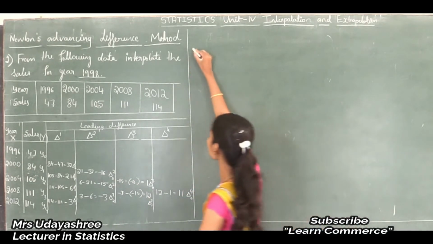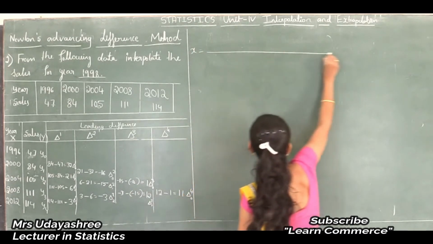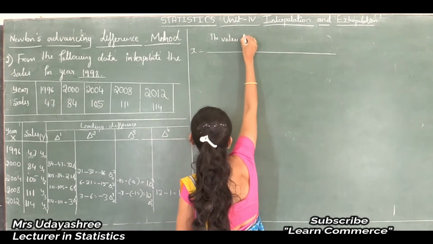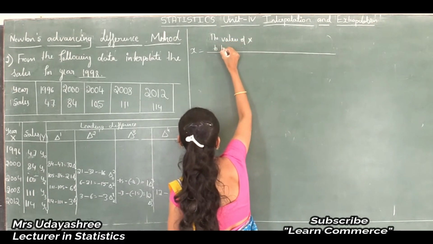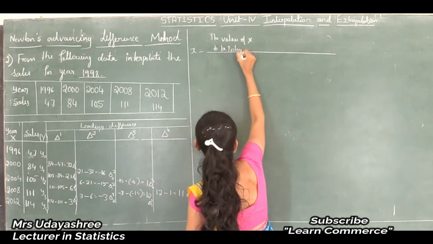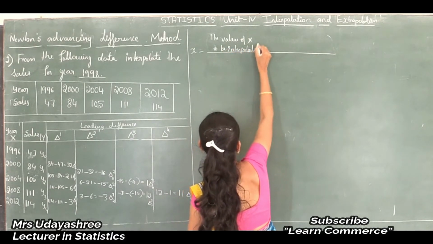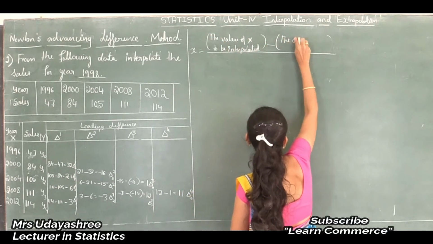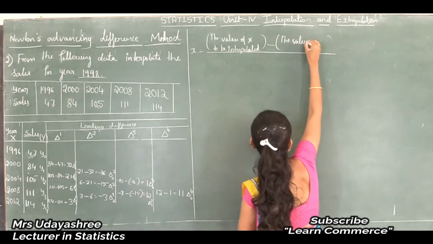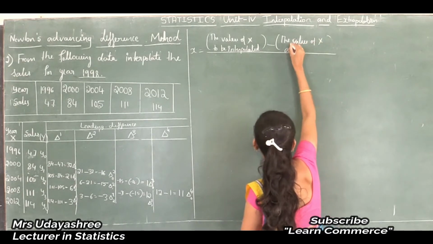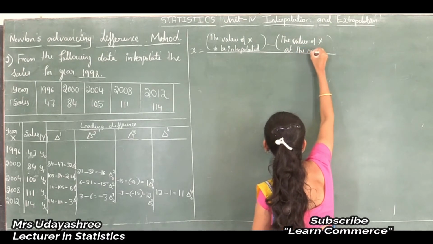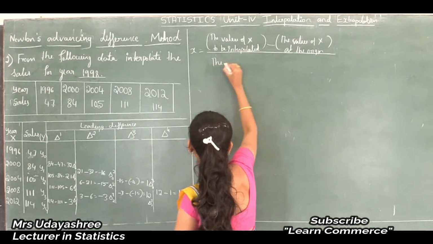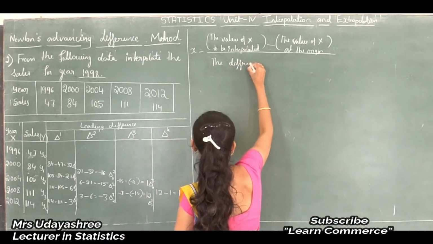To calculate x we need one formula, that is the value of x to be interpolated minus the value of x at the origin, divided by the difference between two adjoining values.